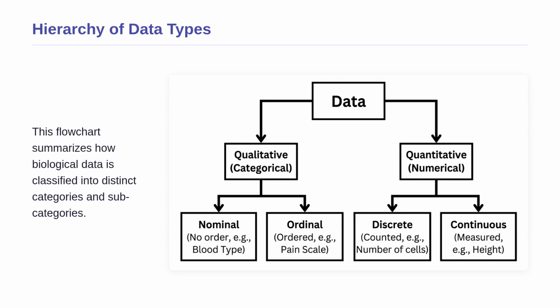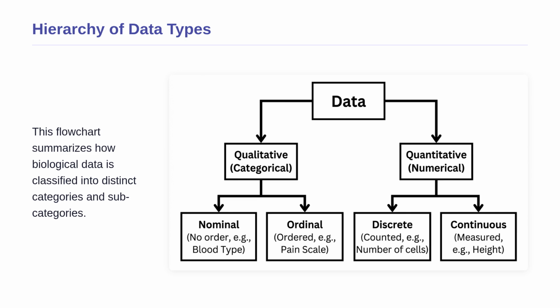Now that we have calculated summaries for both types of data, let us look at this flowchart to visualize the entire landscape. At the very top, we start with all collected data. Following the left path, data can be qualitative or categorical, which further splits into nominal data with no order, like blood types, and ordinal data with a natural ranking, like a pain scale.